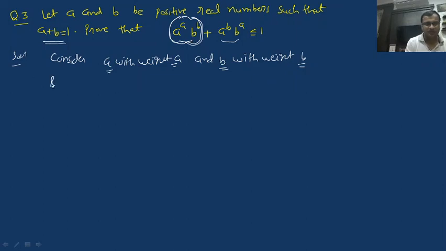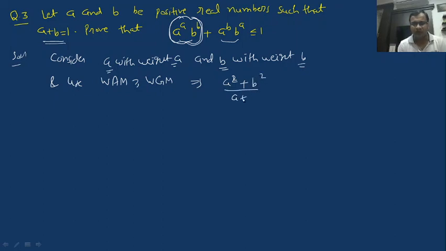And use WAM is greater than or equal to WGM. WAM is what? A1 W1, that becomes A squared, plus A2 W2, that becomes B squared, upon W1 plus W2, that becomes A plus B, is greater than or equal to A1 to the power W1, that is A to the power A into B to the power B, whole to the power 1 upon W1 plus W2, that becomes A plus B. But look at this condition.